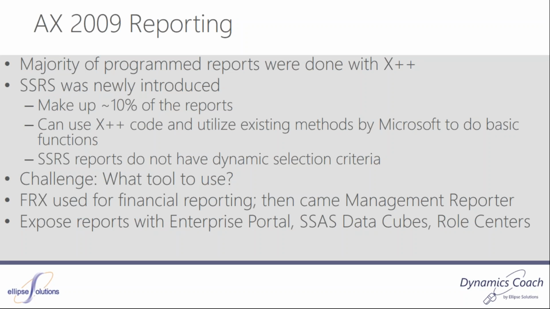So when you have the ability, especially since a lot of folks are using SSRS at this point, when you're developing an SSRS report in AX 2009, you can do it in AX with X++, and that's highly recommended because you can utilize existing methods already in AX. So what this means is AX already has unit of measure conversions, currency conversions, any of those methods built into the system. So when using SSRS in 2009, you can take advantage of those methods.